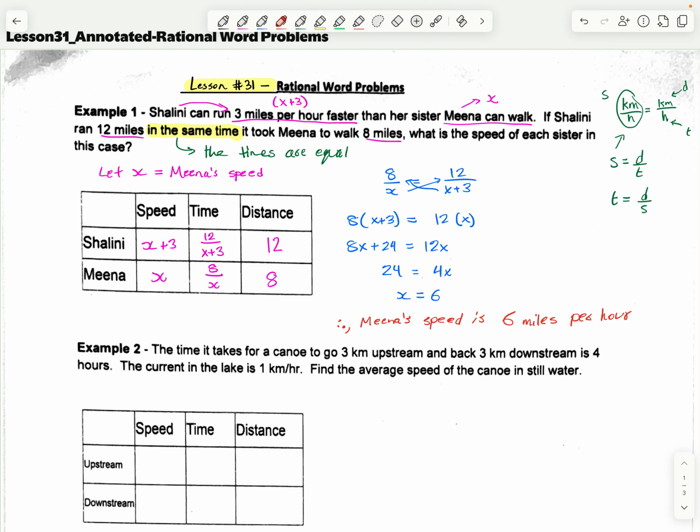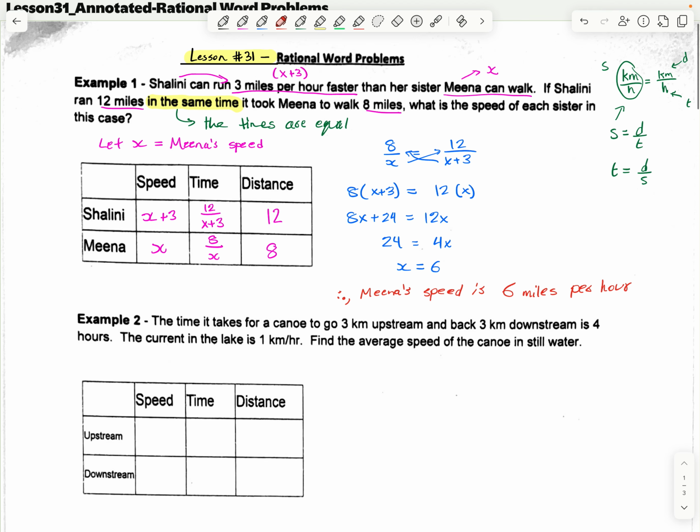And then Shalini's speed is 6 plus 3, right? x plus 3, so 9 miles per hour. Okay, and that's my answer.